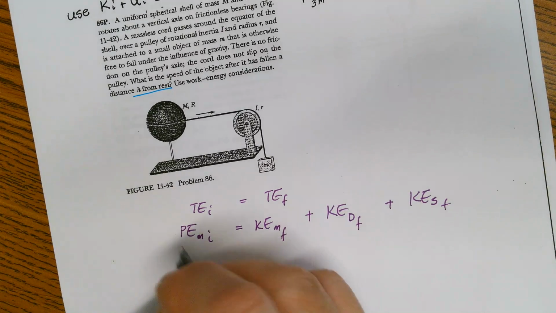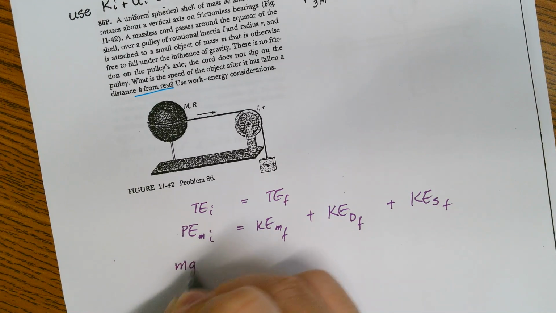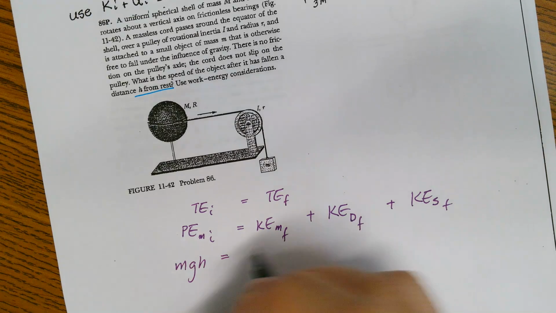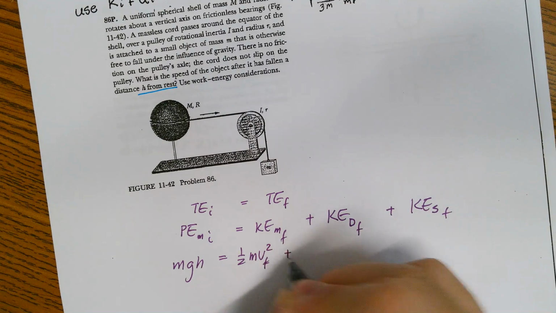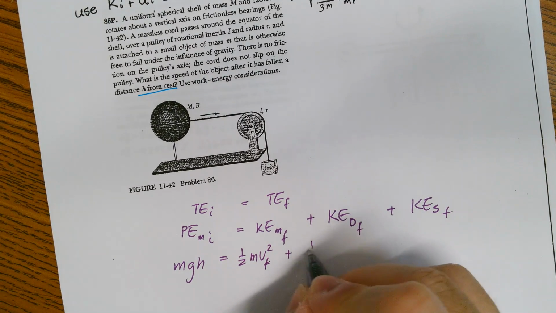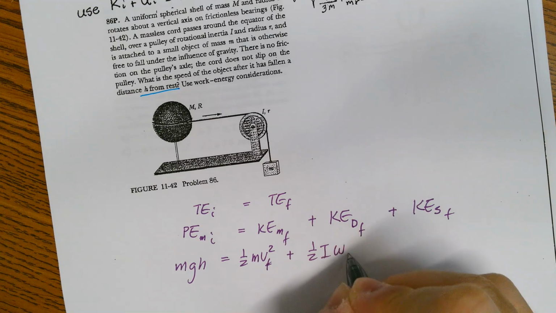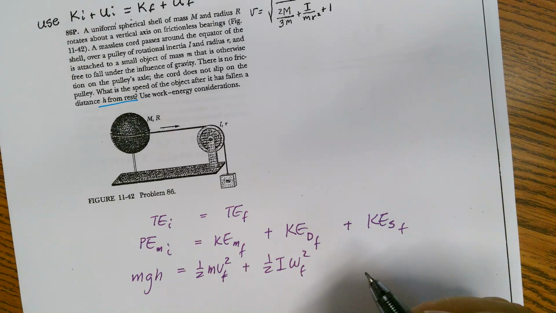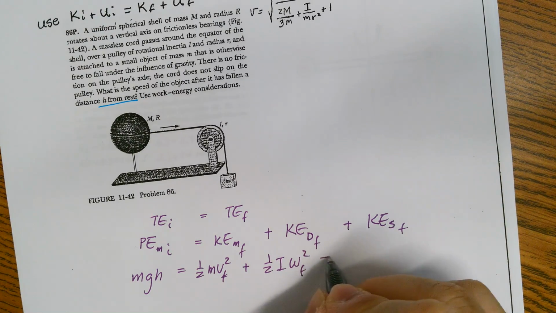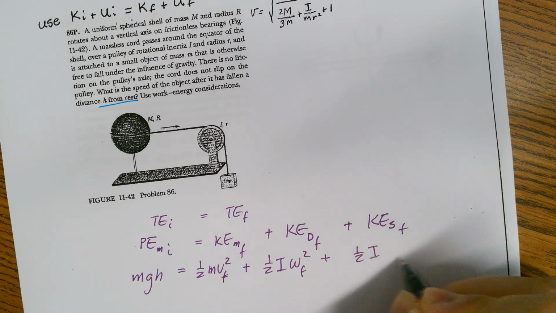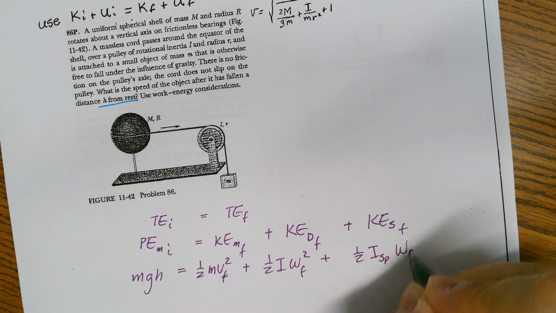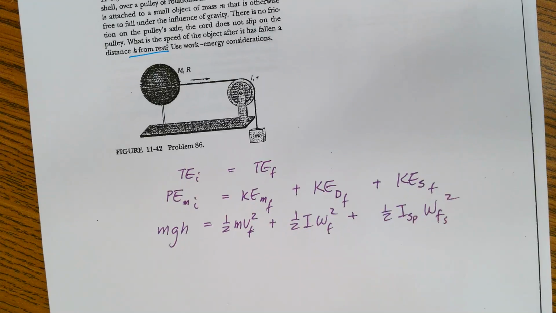So here, mgh is equal to 1/2 m v final squared, right, plus the disk is 1/2 I omega final squared, plus 1/2 I sphere, right, omega final sphere squared.